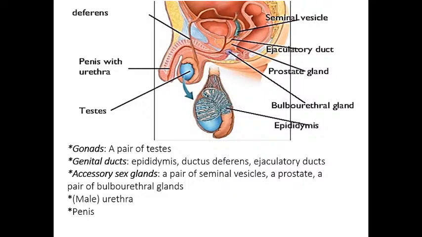These are a pair of seminal vesicles, a prostate, a singular prostate in the midline, and a pair of bulbourethral glands. The secretions of all of this are conducted into the final conduit, which is the male urethra, which is a joining portion between the excretory systems and the reproductive systems only in the male. In the female, the architecture is somewhat different.